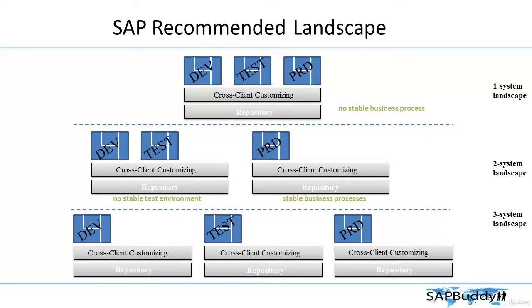However, the two system landscape is also possible for some of the clients. The reason is that the development done in this particular system is very little, meaning you will not have a situation where multiple people are doing development and putting it into testing.